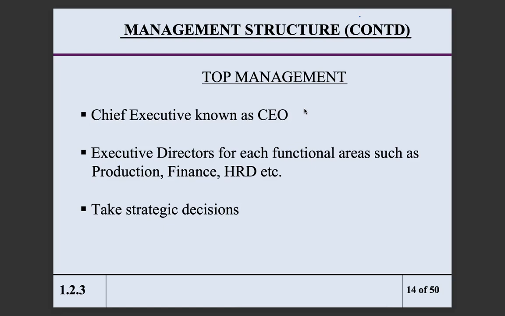Normally, chief executives are known as CEOs, and nowadays we have executive directors for different functional areas. For example, CFO means Chief Finance Officer, CPO means Chief Process Officer or Chief Production Officer. Likewise, we have many positions. These are the people who take the strategic decisions.